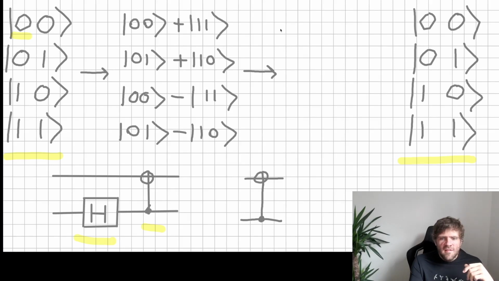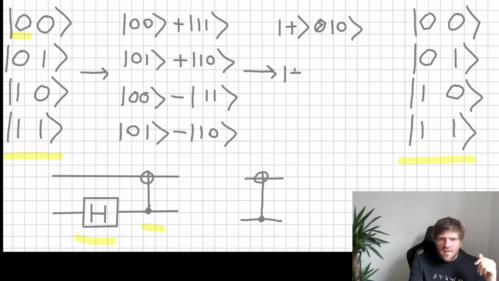Well, it unpicks this entanglement, so we here would get, well, the controlled NOT does nothing to the 0, 0 state. To the 1, 0, it flips that final 1 into a 0. So we will get a superposition on the first qubit and just a 0 on the second. Then in the next case, 0, 1, it does nothing. 1, 0, it flips a 0 to a 1.